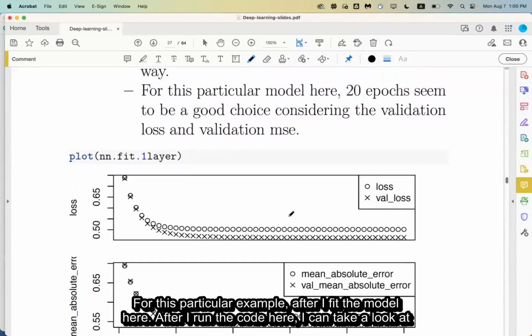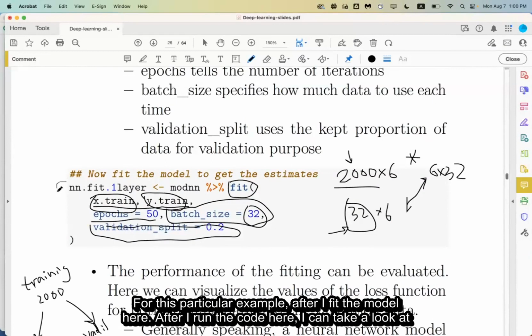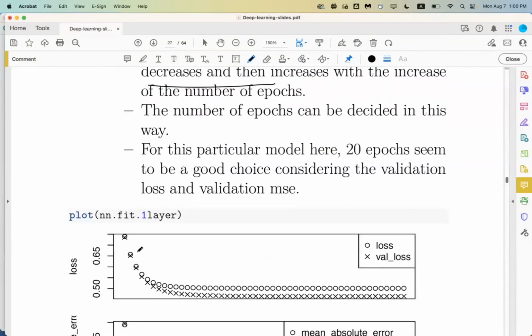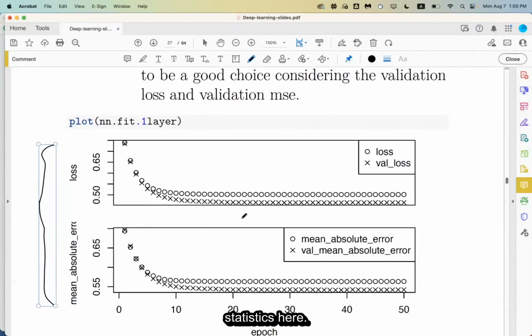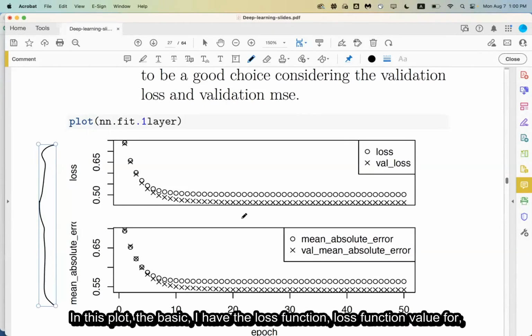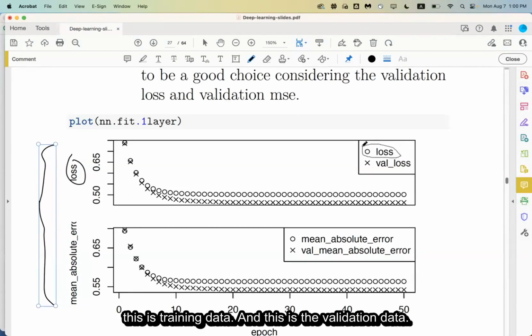For this particular example, after I fit the model and run the code here, I can take a look at the performance statistics here. In this plot, basically I have the loss function value for the training data and for the validation data.